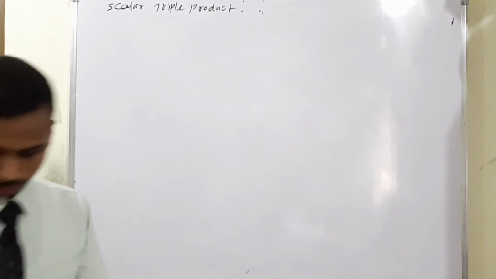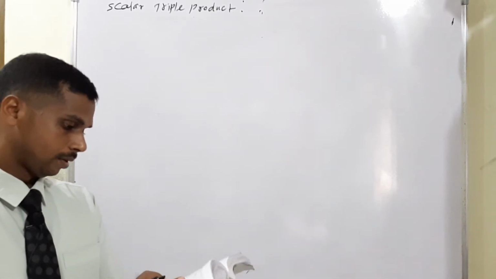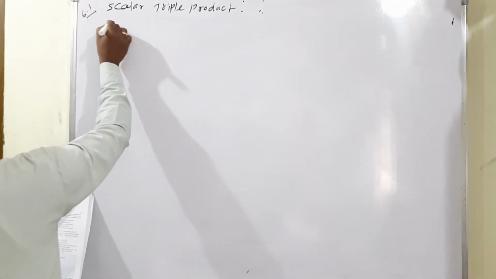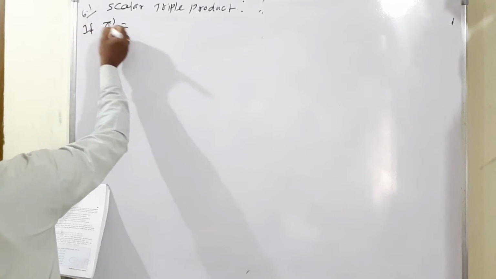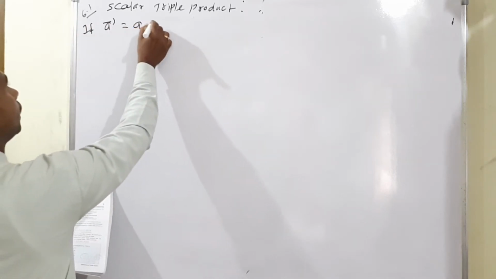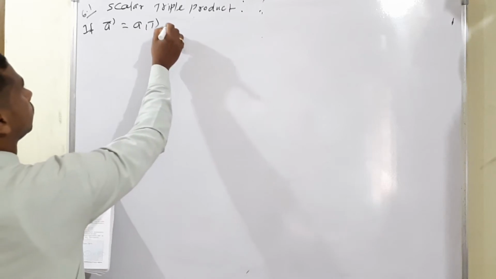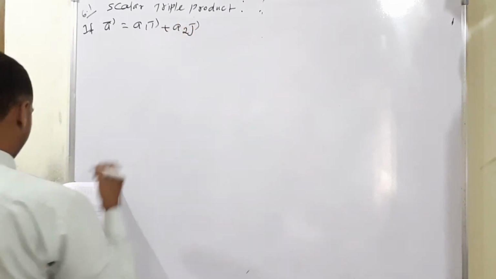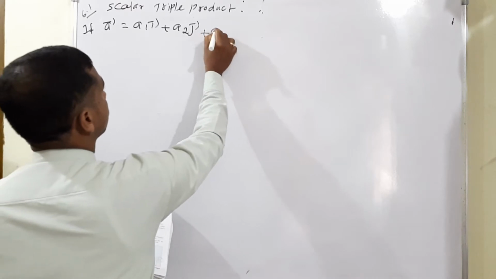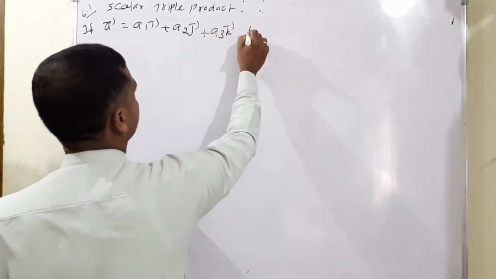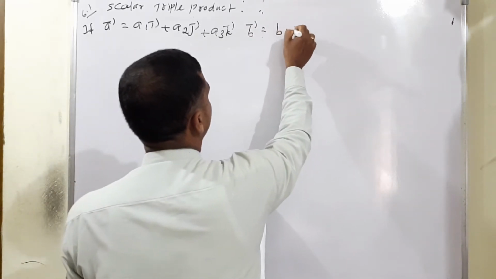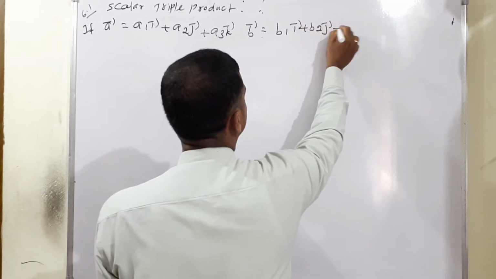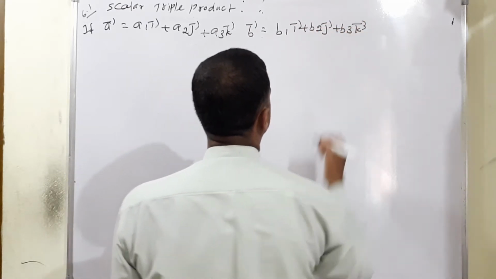Theorem 6.1, what is the main condition? Consider for theorem 6.1: if a vector is equal to A1 i vector plus A2 j vector plus A3 k vector, then b vector is equal to B1 i vector, B2 j vector, B3 k vector.